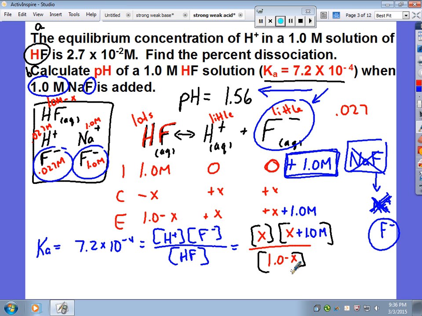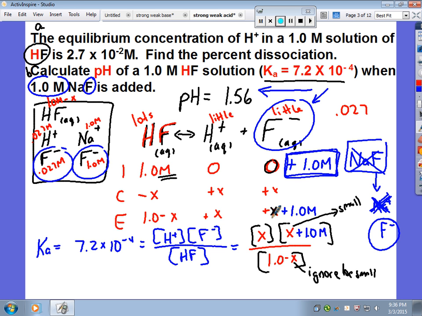So now I'm going to go ahead and ignore this X. Why am I ignoring that X, guys? Because it's very small. We already figured out it's small. It had a 2.7% dissociation. It's below 5%, so I can ignore it. Now, I'm also going to ignore this X value. It's small also. Where's it coming from? Oh, look, it's coming from my poor dissociator.